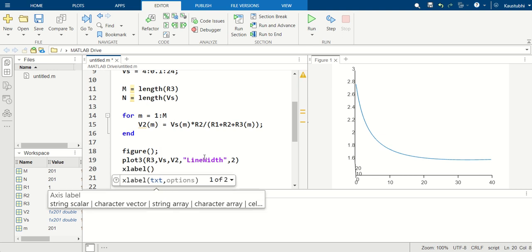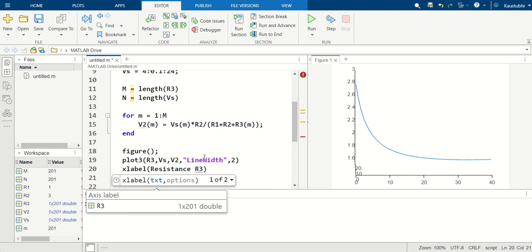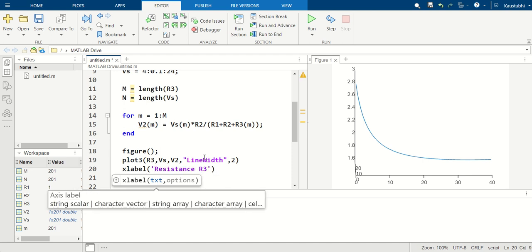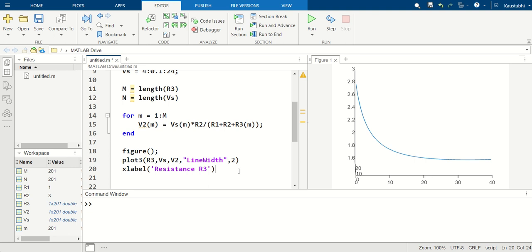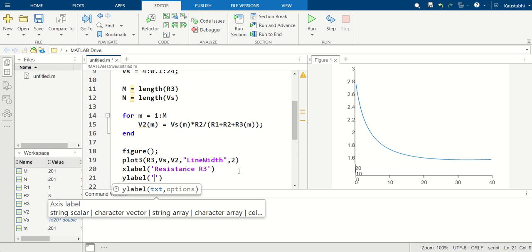For the X label, let us say I want to put the value of R3. So the X label is 'resistance R3'. You have to put it in single quotes, then it will take it. Similar to that, the Y label, you are going to put it as source voltage.